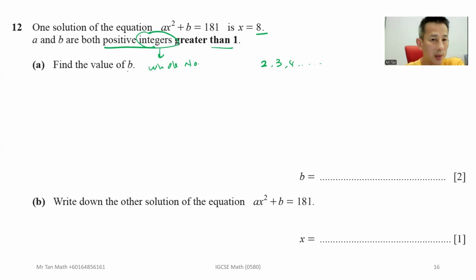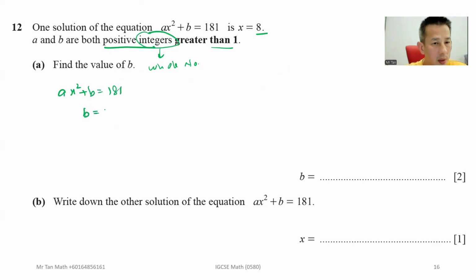Since the question asks for b, we substitute the a value. Say a is equal to 2, and we just calculate it. Before that, ax squared plus b is equal to 181.